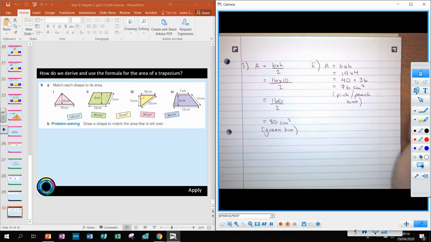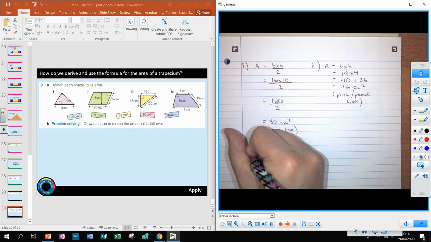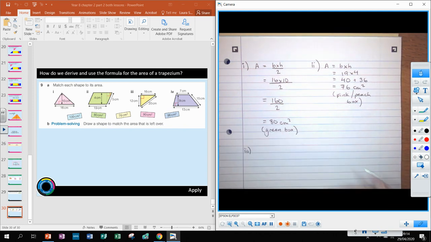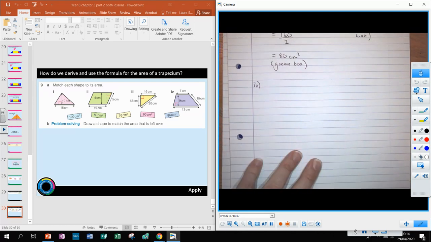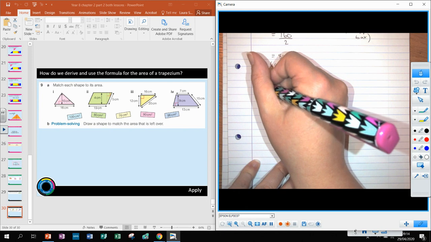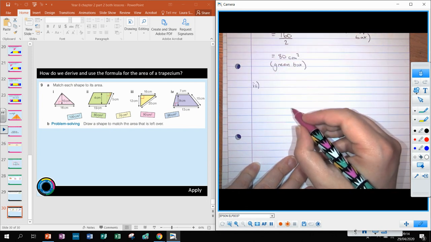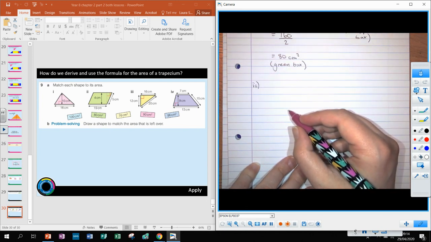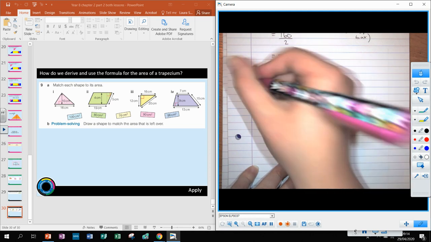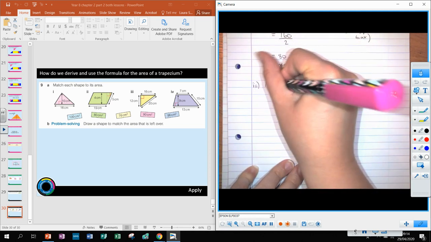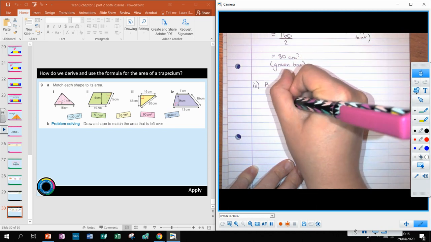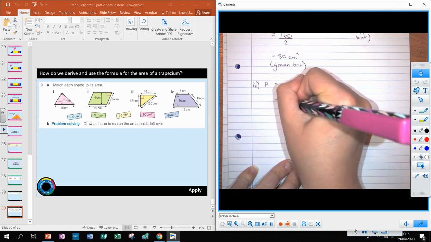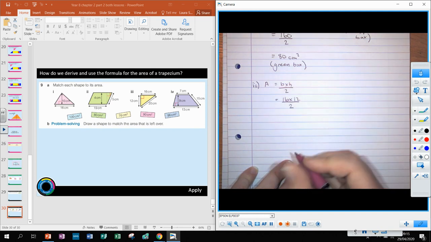Okay. Right. And for part 3, we have another triangle. So remember in this case, we're not going to use that 20 because it's diagonal. We want to use the perpendicular height and the base. All right, so our area is going to be base times height divided by 2, and that will be 16 times 12 divided by 2.